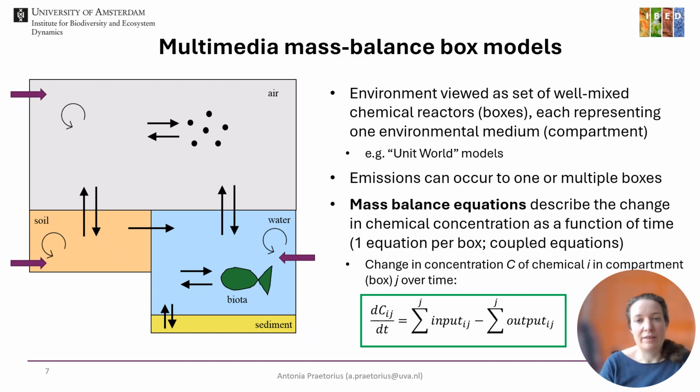These are normally used as so-called evaluative models, so they're not used to predict exact concentrations of a chemical in a specific location, but more as a reference point to compare how different types of chemicals would behave in a typical environment. So, for example, to compare how likely it is that chemicals accumulate in certain environmental compartments, or to compare different chemicals with respect to their overall persistence in a typical environmental system.